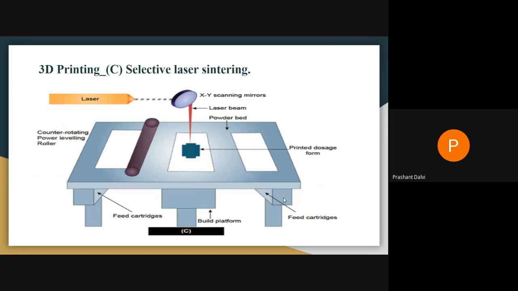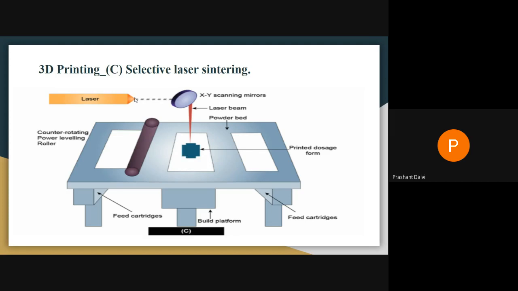This is also one of the important ones. It consists of different components: lasers, counter rotating powder leveling rollers, and feed panels are also there. So here the laser projection decides the height of these powder blends.